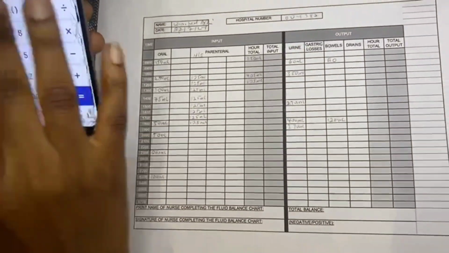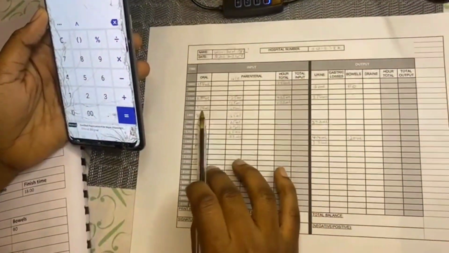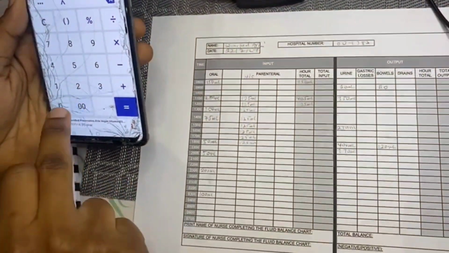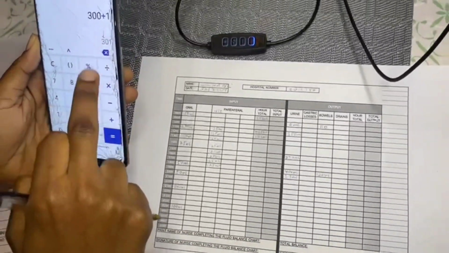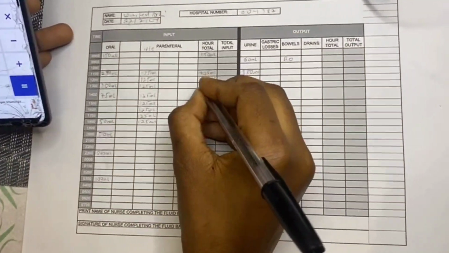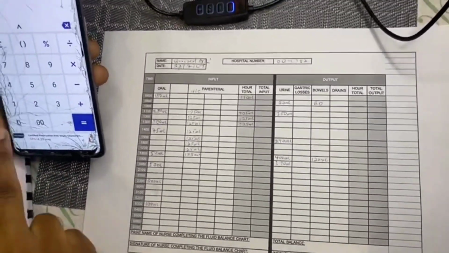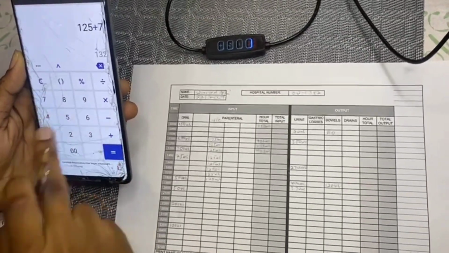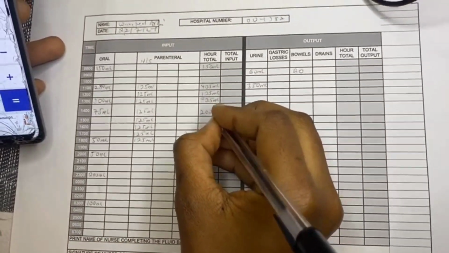Then move on to the next one. So I'm going to add the 300 plus the 125. That's 425 mils. Move on to the next one, which is 125 plus 75, which is 200 mils.